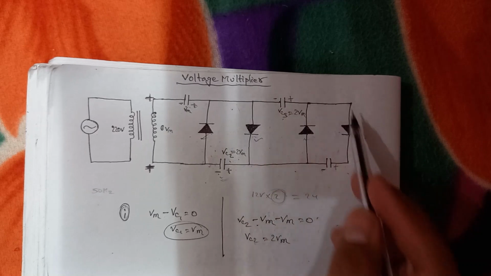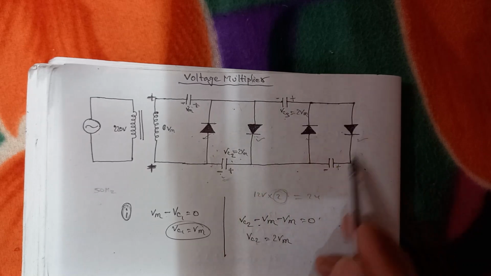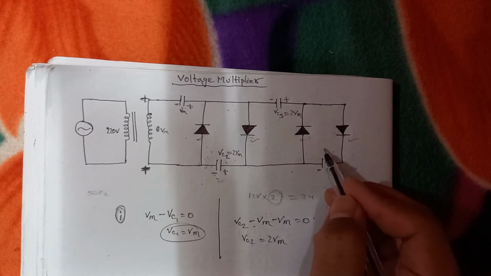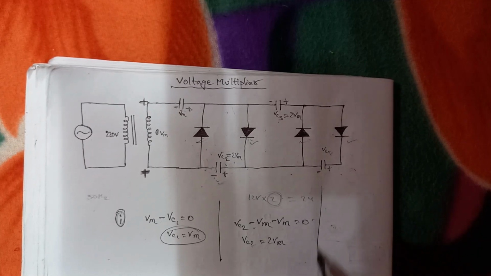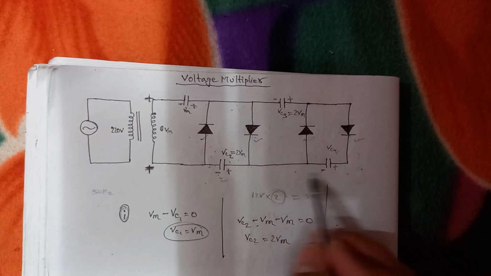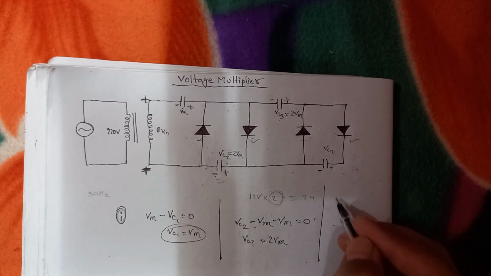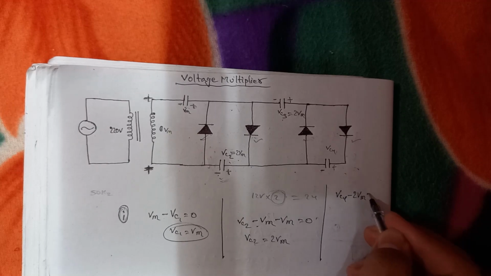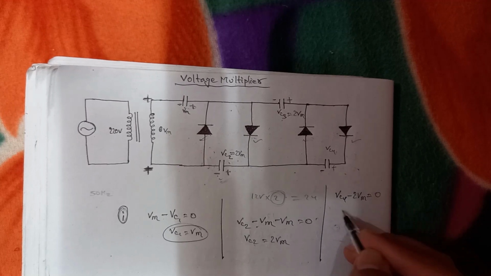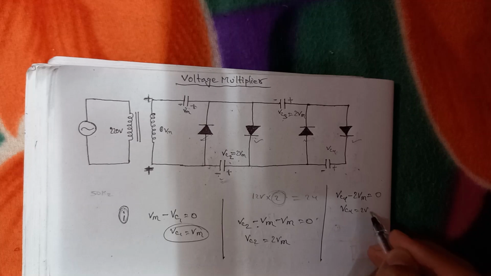So in this compartment, if you again apply Kirchhoff's voltage law, let us consider this one is Vc4. That means in this compartment, Vc4 minus 2Vm will be equal to 0. That means Vc4 will be equal to 2Vm.